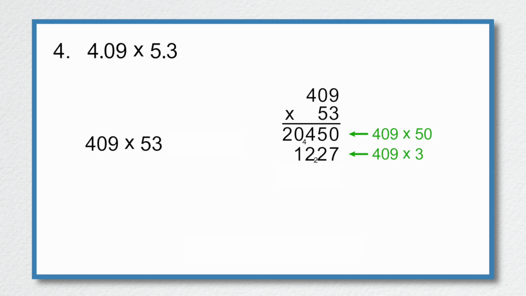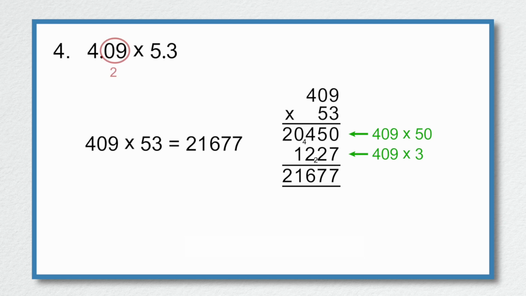We add up the two numbers and we end up with 21,677. So 409 multiplied by 53 is 21,677.